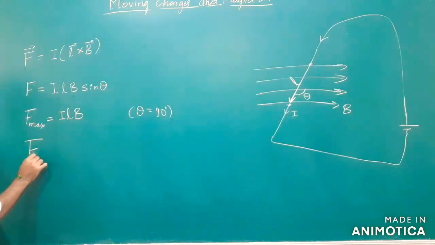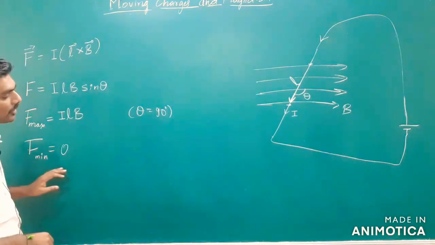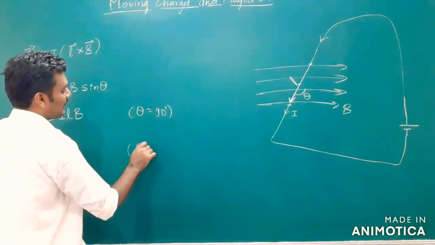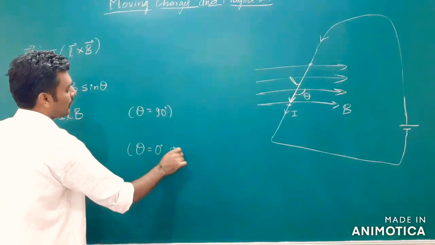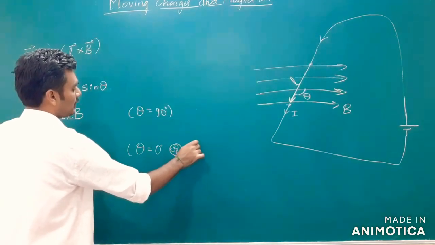Next, what is the minimum force? The minimum force experienced is 0. When does the force become equal to 0? When theta is equal to 0 or 180 degree, right?